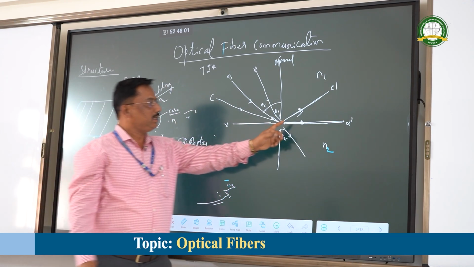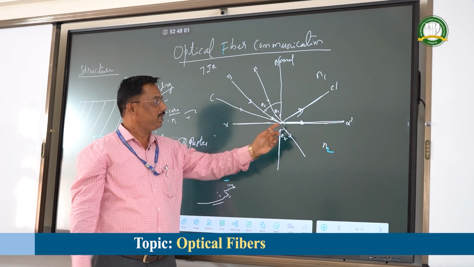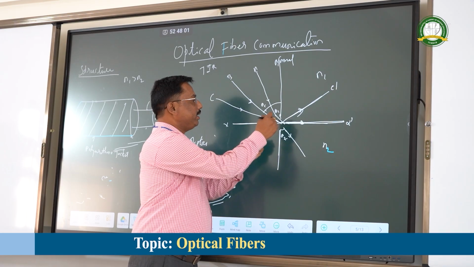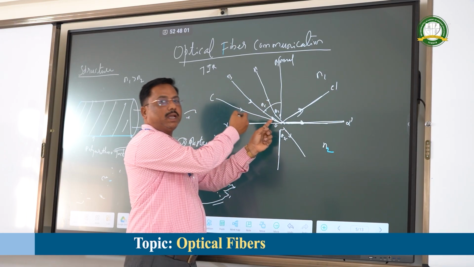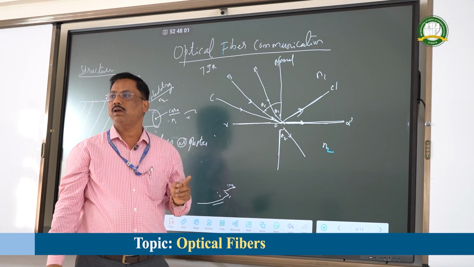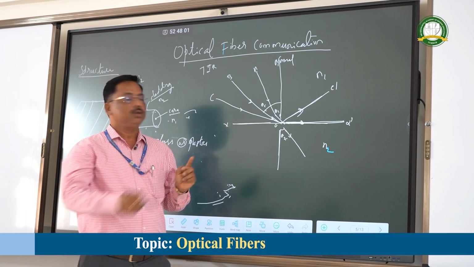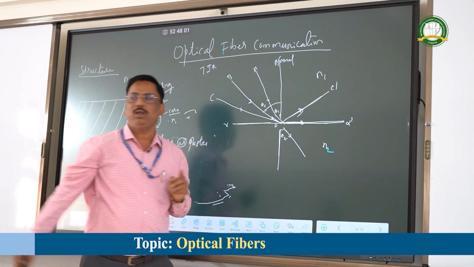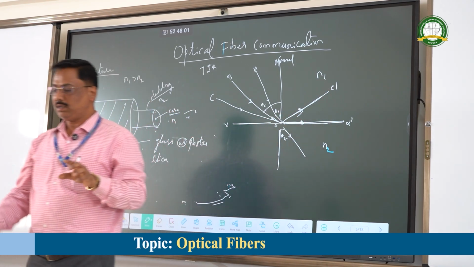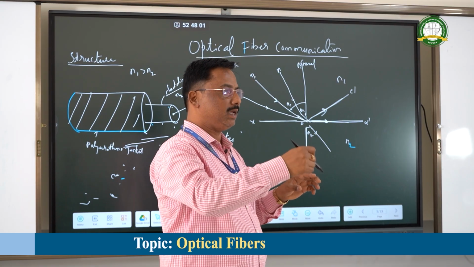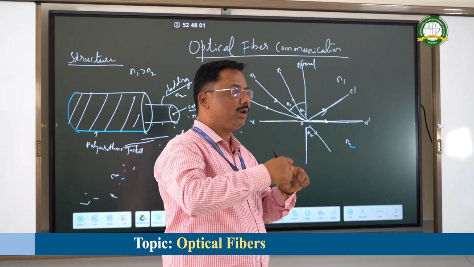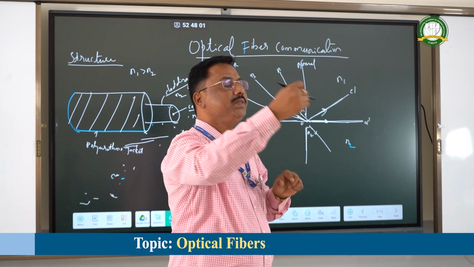From this diagram we can say that the rays which fall above the critical angle undergo total internal reflection. Total internal reflection means the rays which fall are reflected back into the same medium.